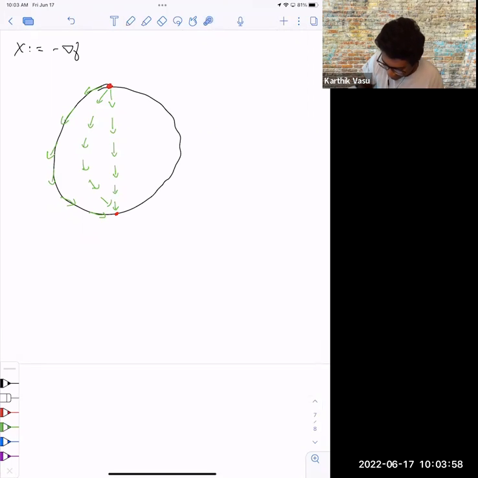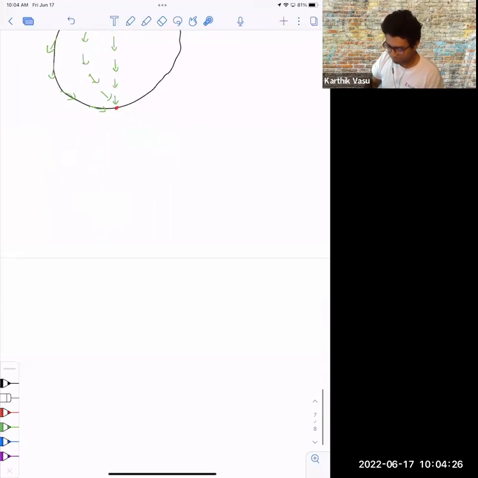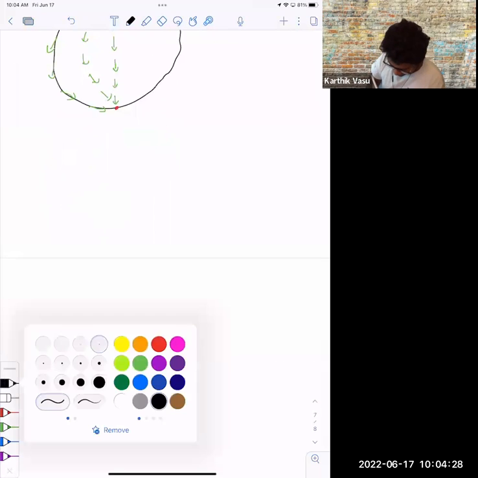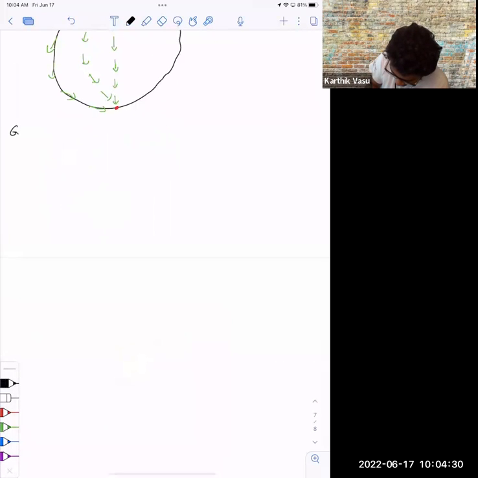What you can do is integrate these vector fields to find a path which goes through them. So you can always do this. That is what will be called the gradient flow. Basically you start at a point and move in the direction the vector field tells you. That is called the gradient flow, or the vector field flow, for this vector field. How do I formulate that? So what is gradient?